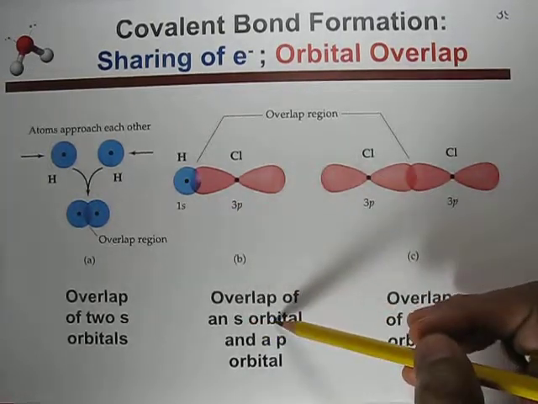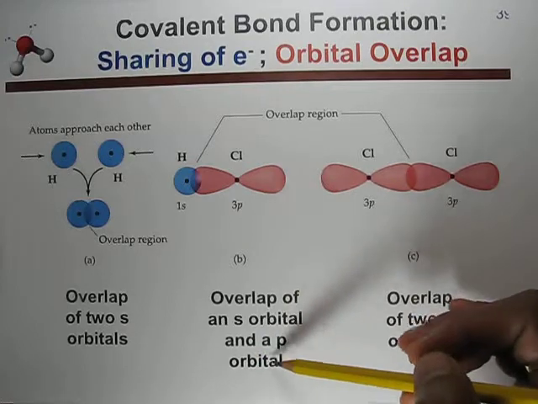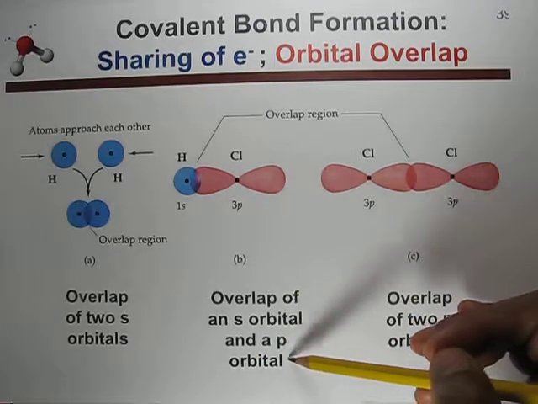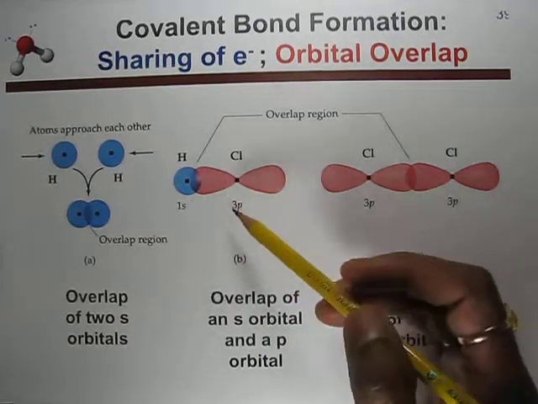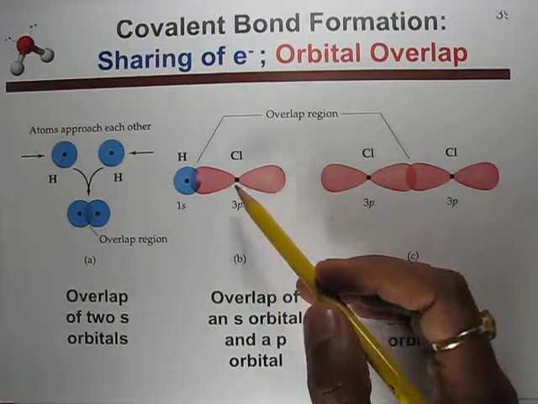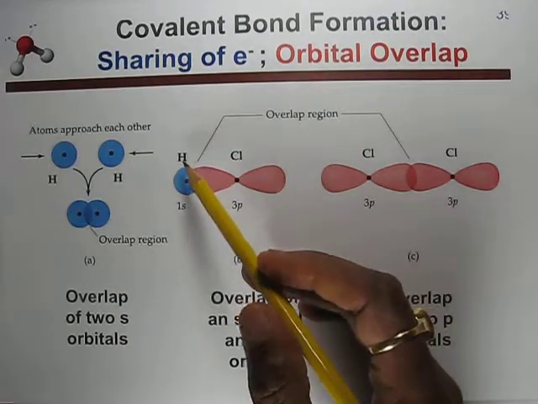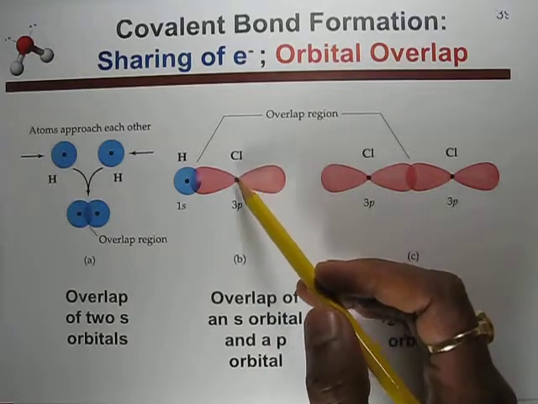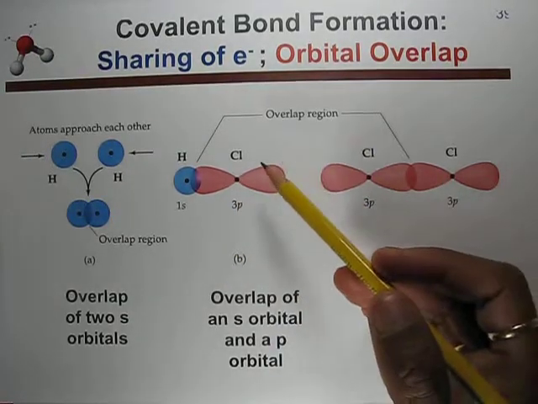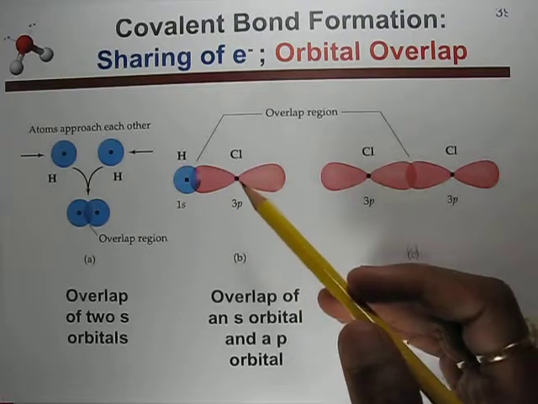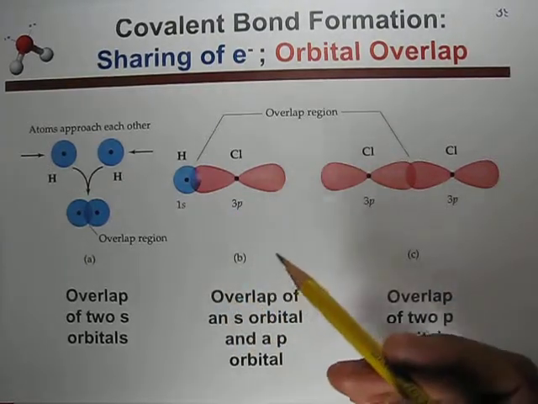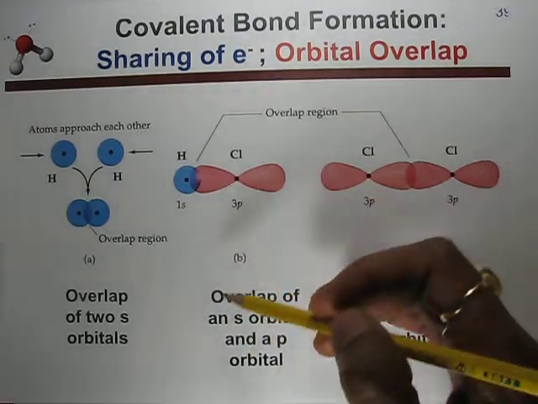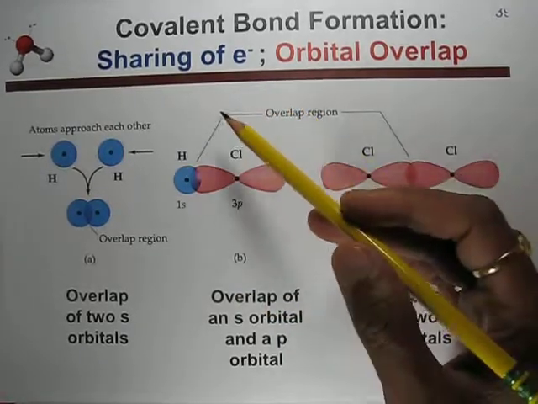This is called sp overlap, where s is from hydrogen and p is from chlorine. Chlorine has electrons in the p orbital.